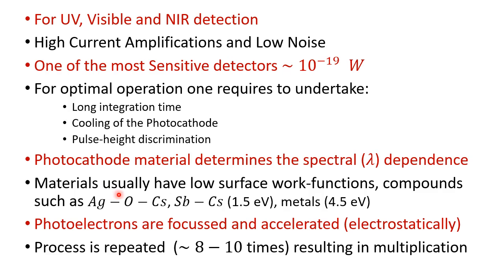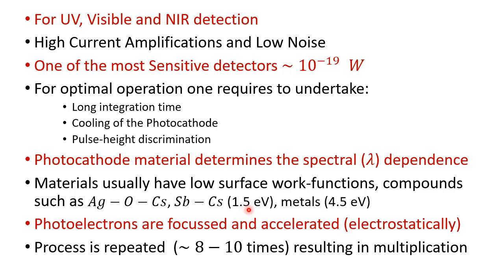Now the materials are usually of a variety of kinds with a variety of possibilities for work functions. For example, metals have a work function of about 4.5 eV, so one can detect UV and so on. But there are other compounds which have low work functions, for example silver oxygen cesium or antimony cesium and so on.